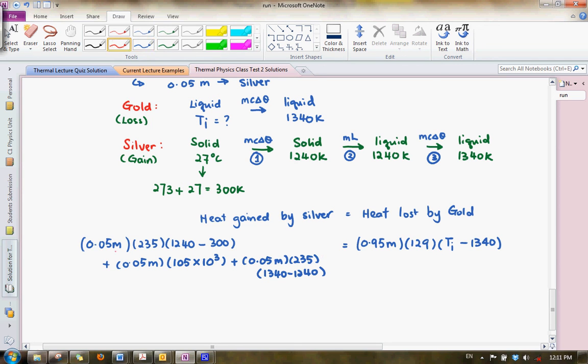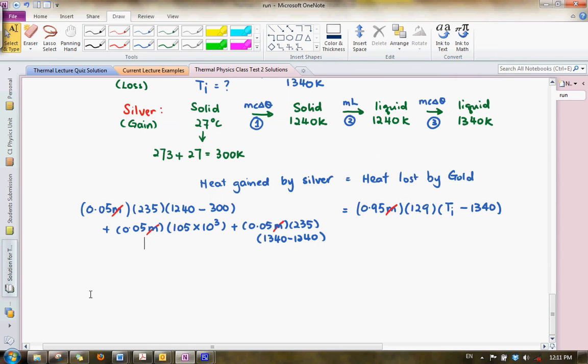Before we continue our simplification, you always look for common terms, and here M is common, so you can factor that out. From here, you can solve for your TI. After some algebraic manipulation, let me just give you an intermediate step so you have something to check for. I think what you will have is finally TI equals 1480 Kelvin. So that's the final answer which you can check for.